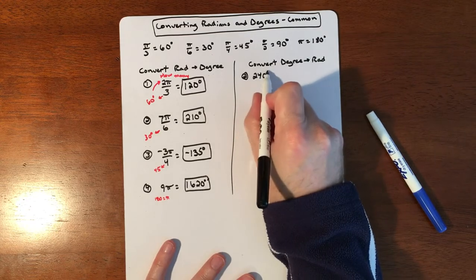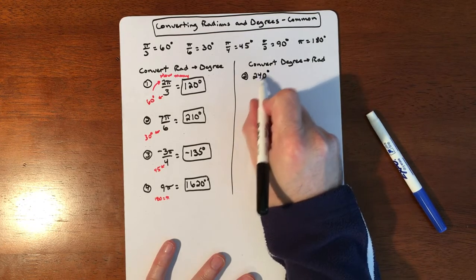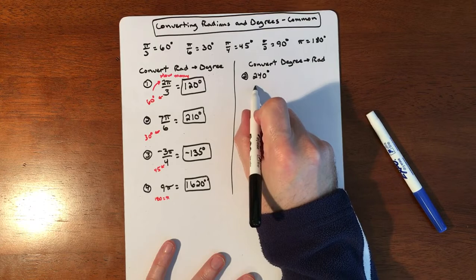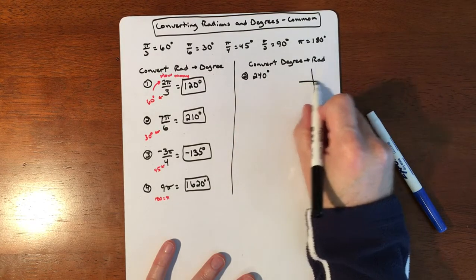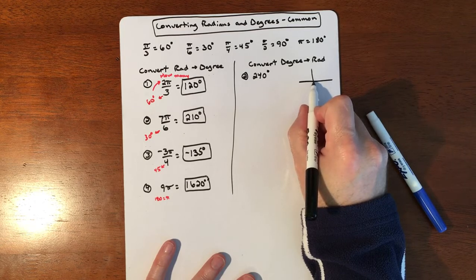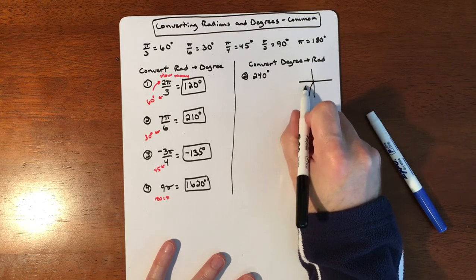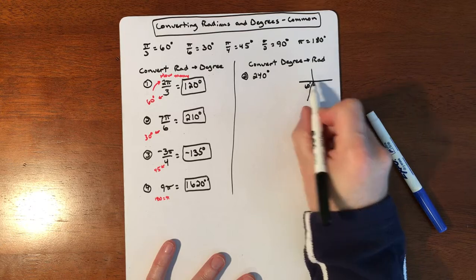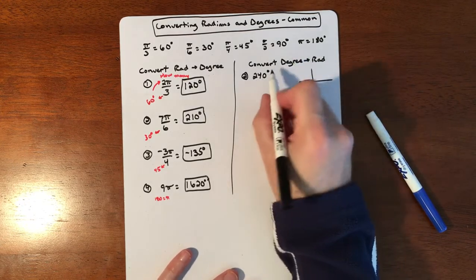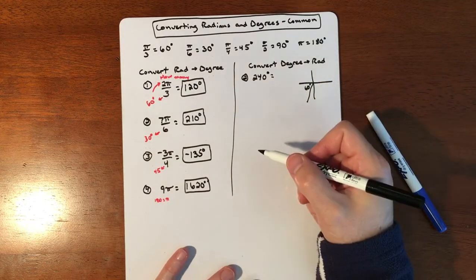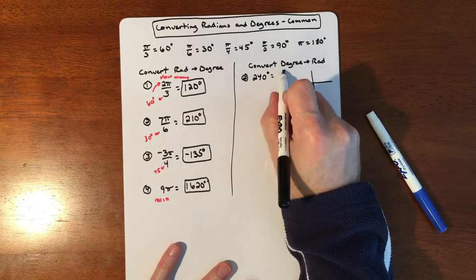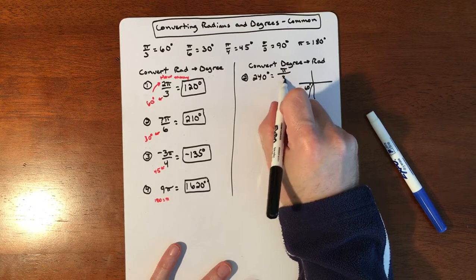I'm sure there's multiple ways to do this, but I think of this visually. If I drew 240, I would be 60 degrees into the third quadrant. That 60 tells me that I'm dealing with a bunch of pi over 3s. I just have to figure out how many. So I know that it's going to be over 3.